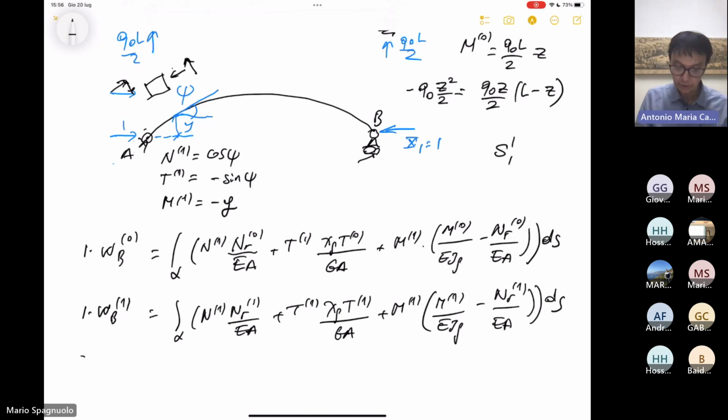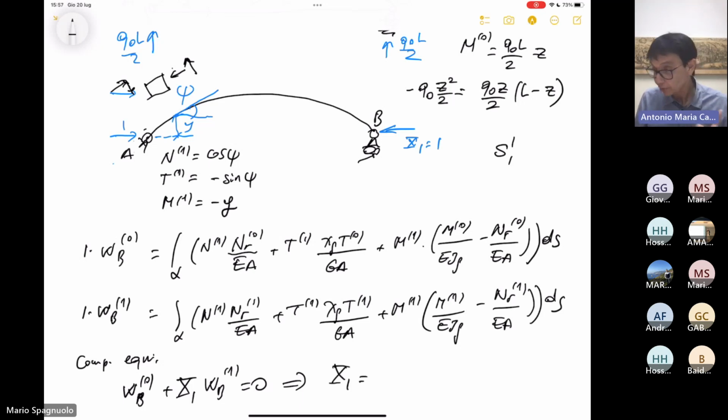The compatibility equation will be WB0 plus X1 WB1 equal to 0, from which we obtain the value of the thrust force, which will be minus WB0 over WB1.